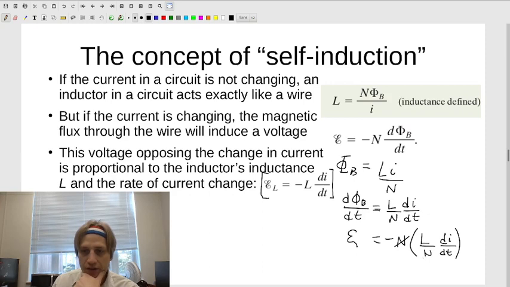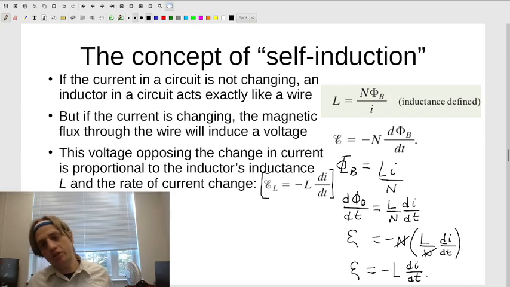Notice that I have an N on top and N on bottom, so those cancel out. And so what I find is that the induced voltage from a changing current in an inductor is equal to minus L times dI dt.